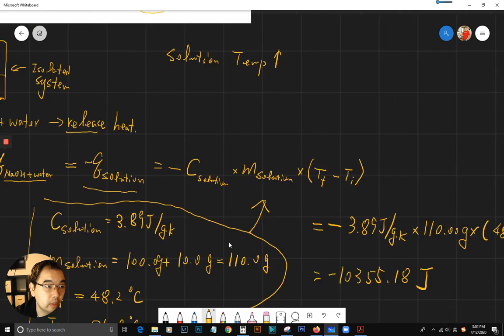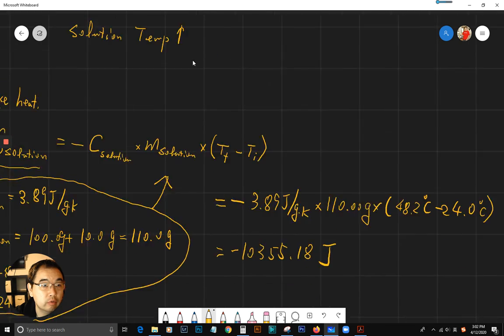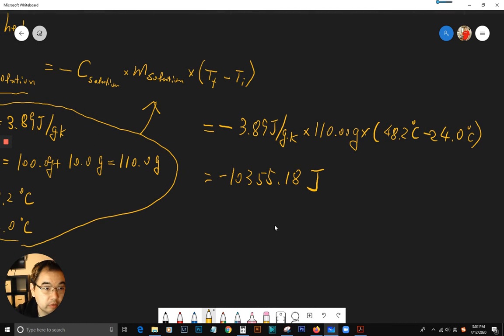Then let's go back to look at the sig figs. The numbers have 3 sig figs, so the final number is going to be 3 sig figs. So the number will be negative 10400 joule, or you can write negative 1.04 times 10 to the 4th joule.